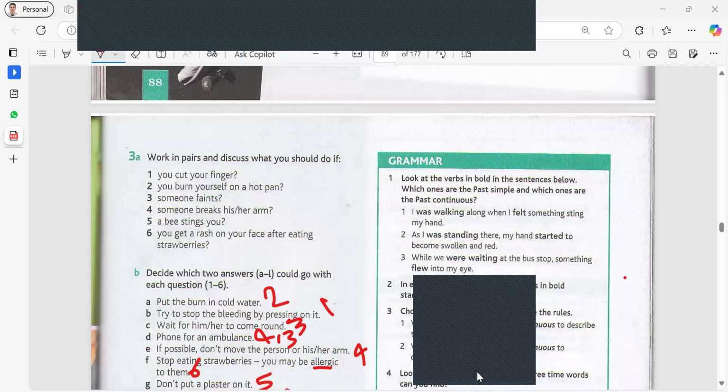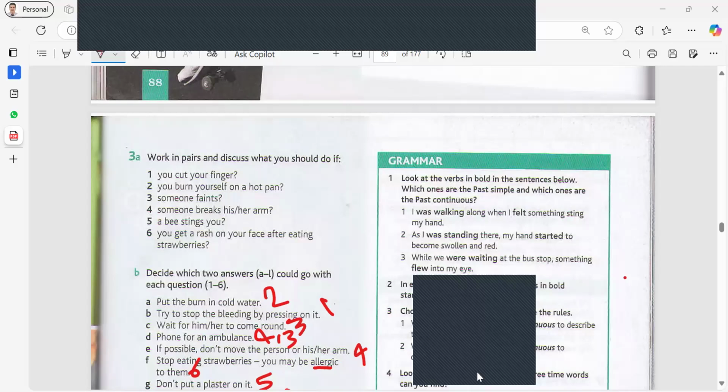What should you do if a bee stings you? You shouldn't put a plaster on it. Exactly. And you should put cold water or ice on it, normally.